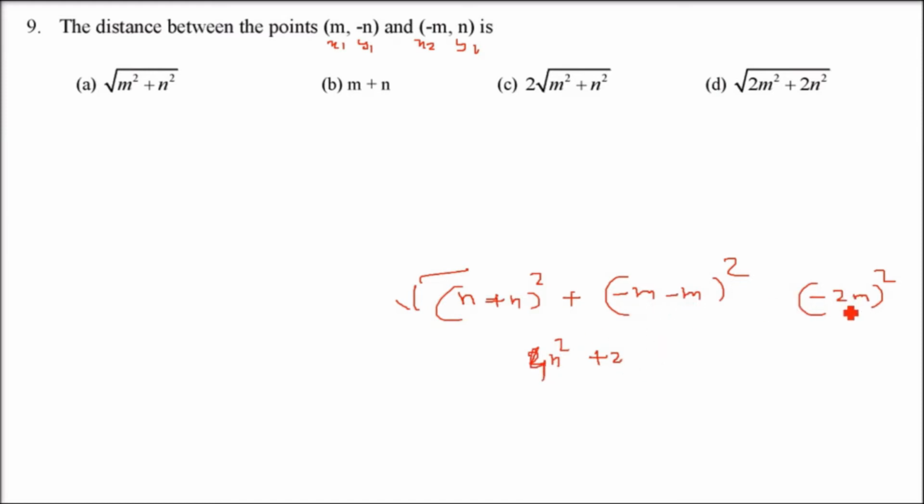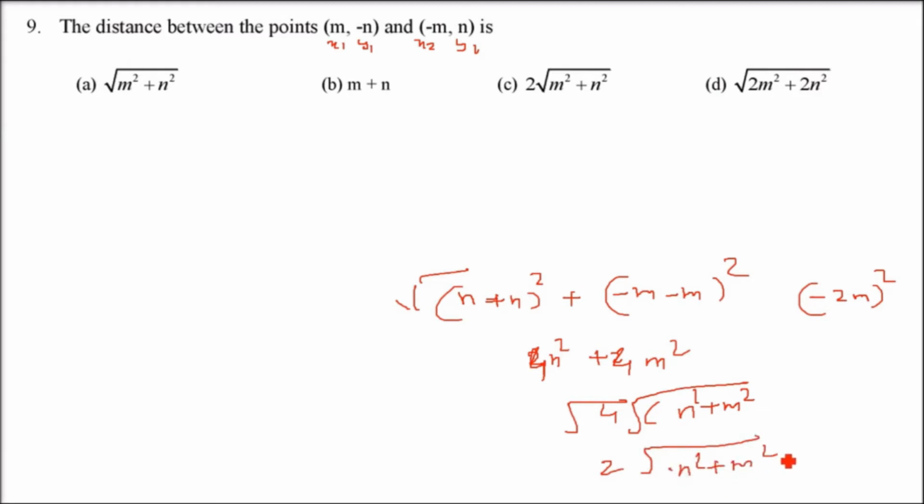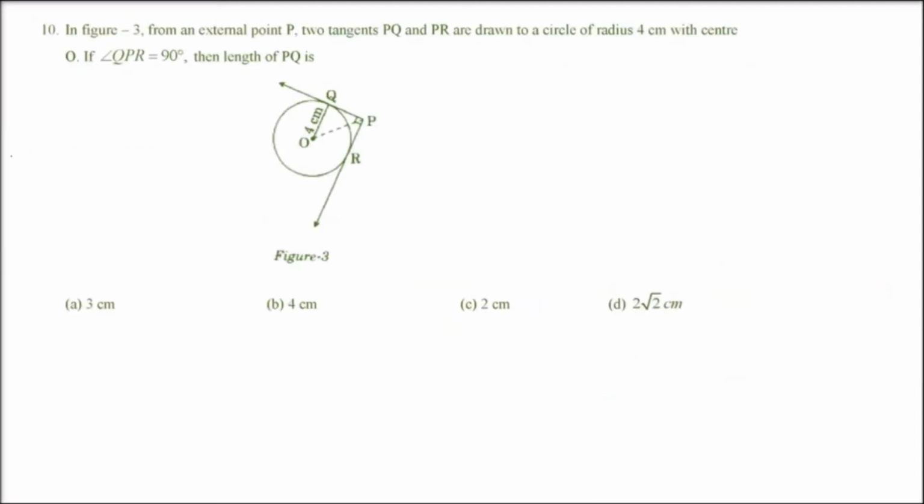You can write it as 4 into (n square plus m square). Now take the under root on both: the under root of 4 is 2, and that is going to be 2 times the square root of n square plus m square. Do we have any solution similar to this? Yes, we have C. So this is the answer.